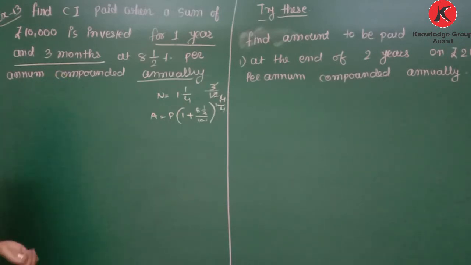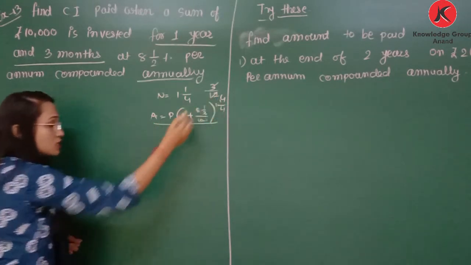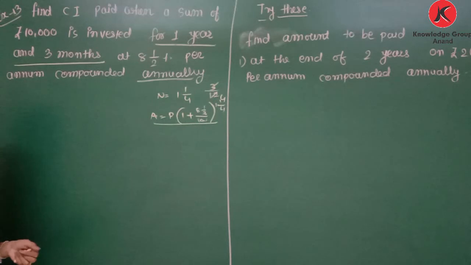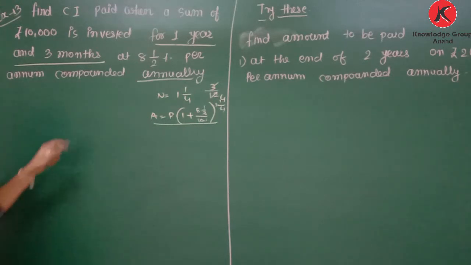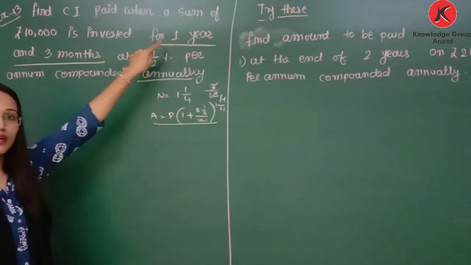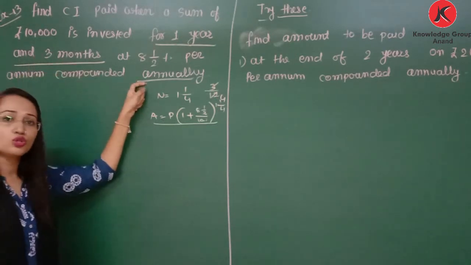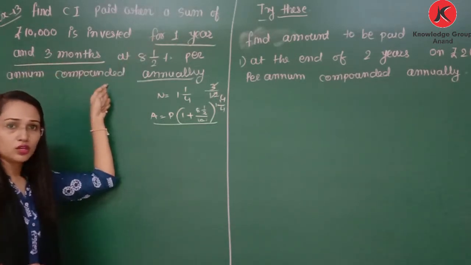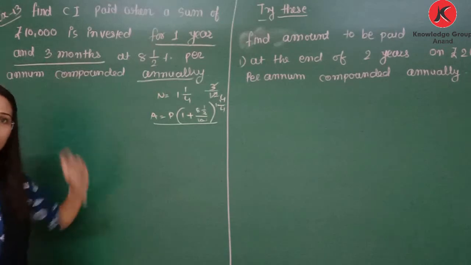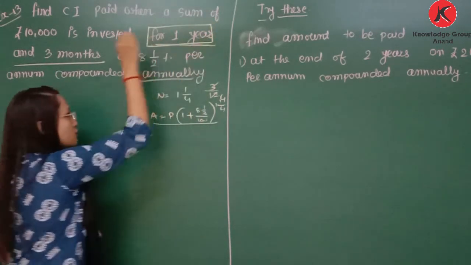So let's start here. We cannot use this equation because the exponent is 1 1/4. So for this kind of example, when it is compounded annually and the time period is given like this, 1 year and 3 months, compound interest annually means no change in n and r. So it must be 1 year and 3 months only. So first of all we will find the compound interest for 1 year.